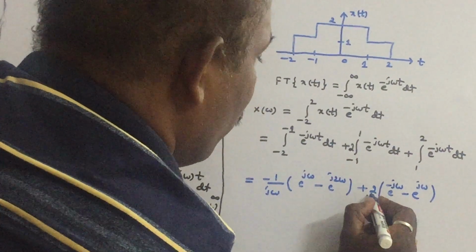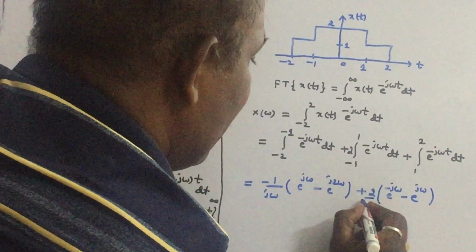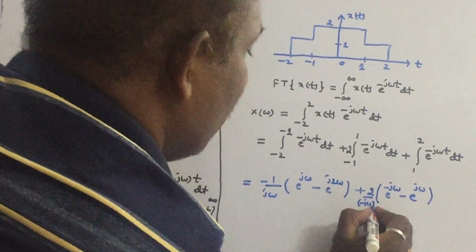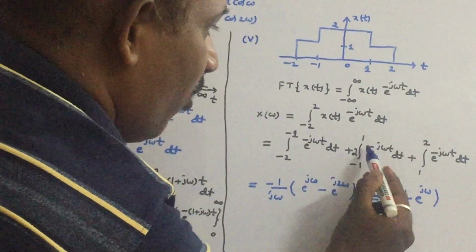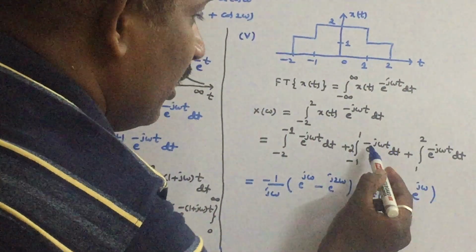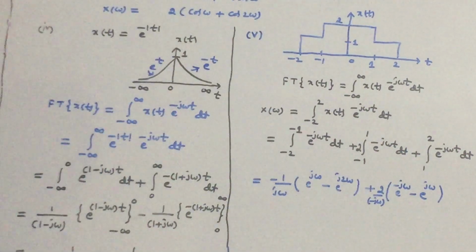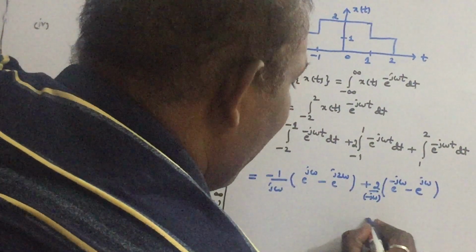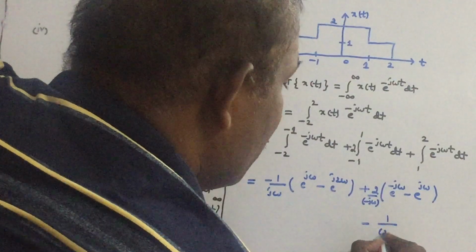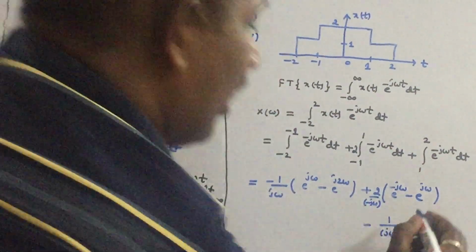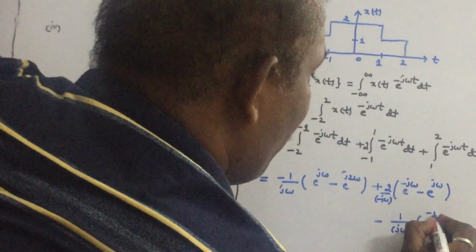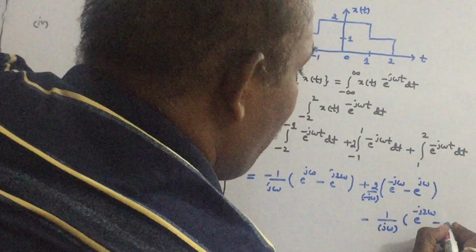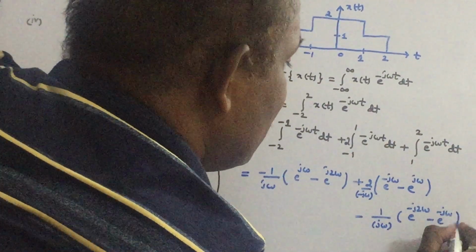Sorry, 2 by minus j omega, because the integration of e power minus j omega t is e power minus j omega t by minus j omega. So the last one, minus 1 by j omega. If you substitute the limits, it will become e power minus j 2 omega minus e power minus j omega.